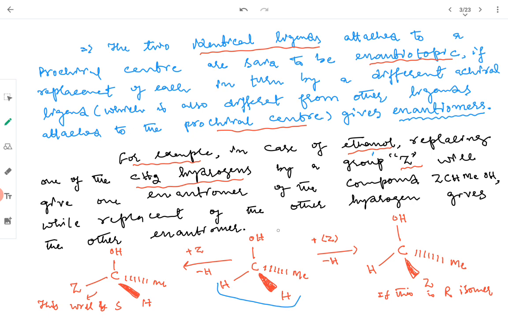For example, this is the structure of ethanol, CH3, CH2, OH. If we replace these two hydrogens one by one, this replacement creates this kind of stereoisomer.